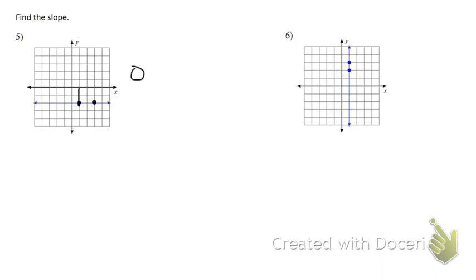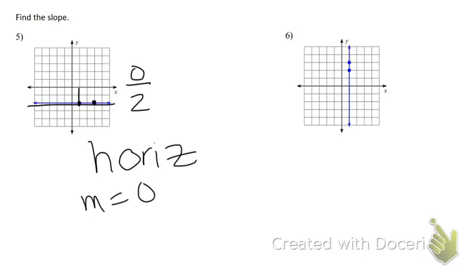So I went up 0. I do go over 2, but it doesn't really matter. 0 over 2 is just 0. All horizontal lines have a slope of 0.